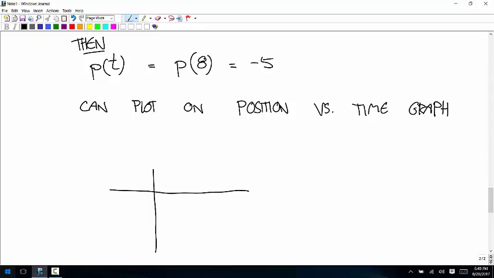So if this is our coordinate system, this is time, and this is position, to plot this event on a position versus time graph, we go out to positive 8 seconds. 1, 2, 3, 4, 5, 6, 7, 8. This is in seconds. The position's in meters. And we know that at 8 seconds, the position is at -1, 2, 3, 4, 5. And that point on the graph represents what's happening.